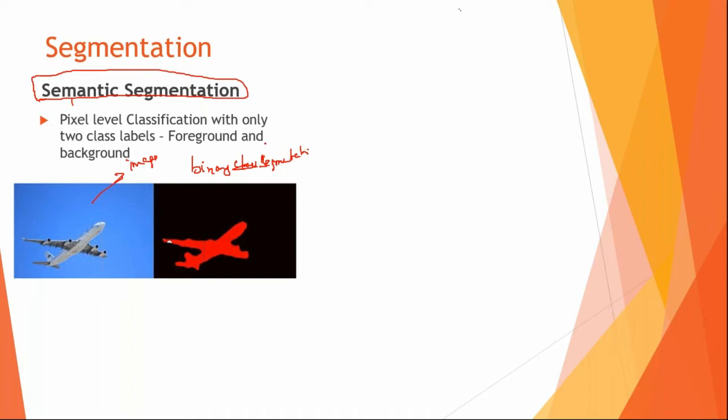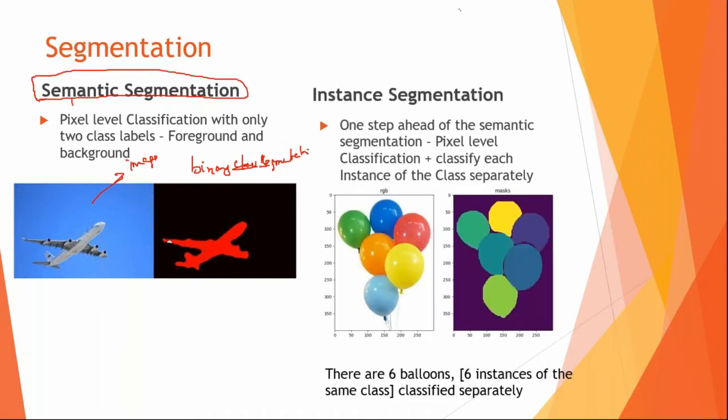Then you can go a bit deeper in that. You also have something called instance segmentation. The same object repeats itself many times, and you try to find out how many instances of these are available in that.